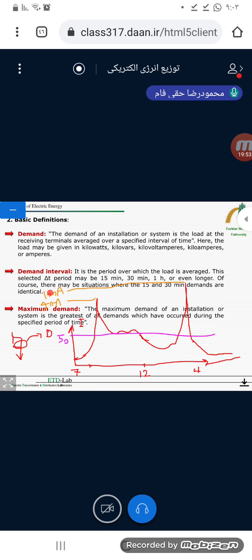We need 100 amperes or 90 amperes for a small time, for example, in 5 minutes, in 10 minutes only. But the maximum load in average time reaches 50.